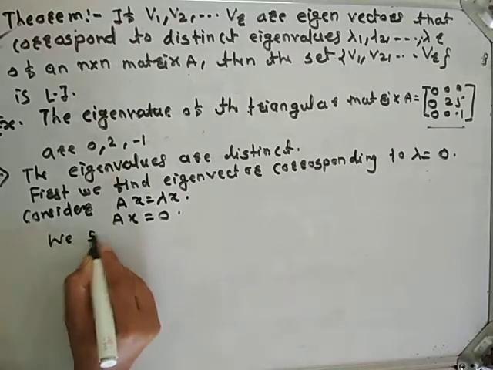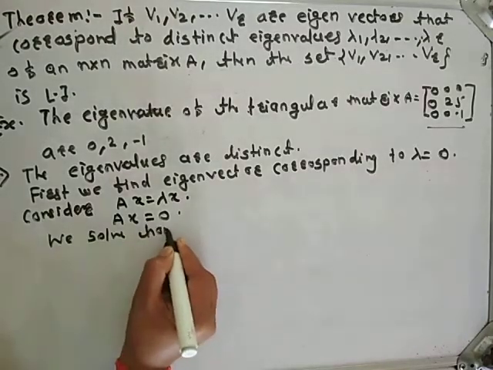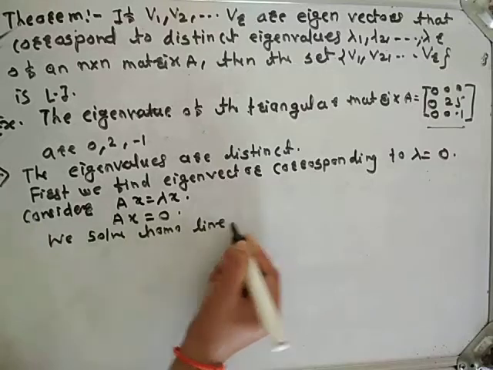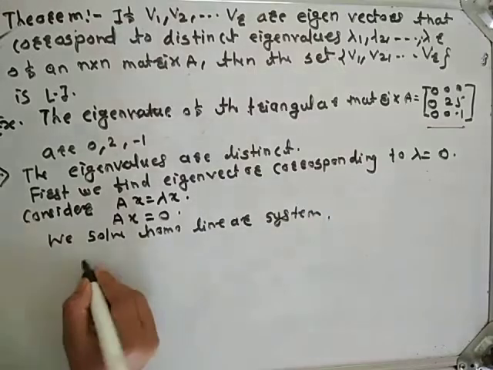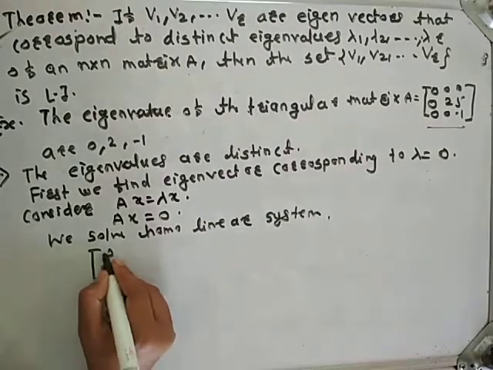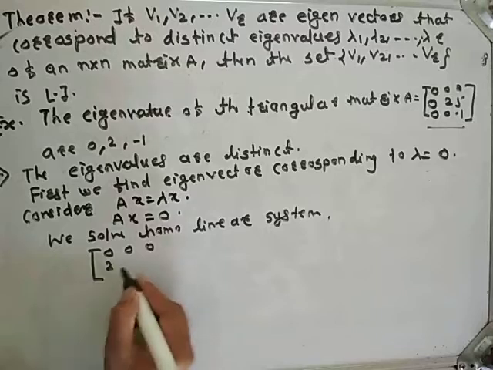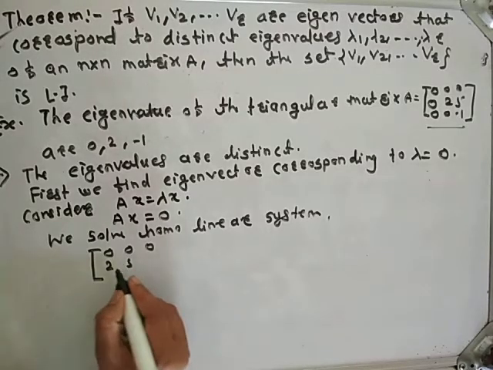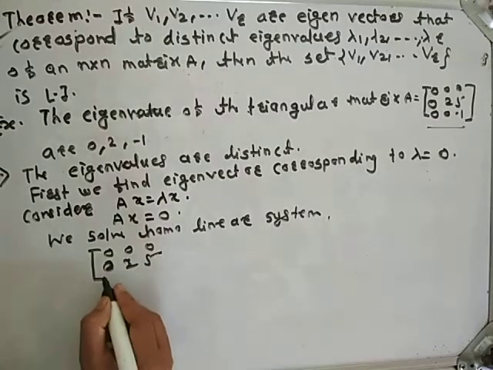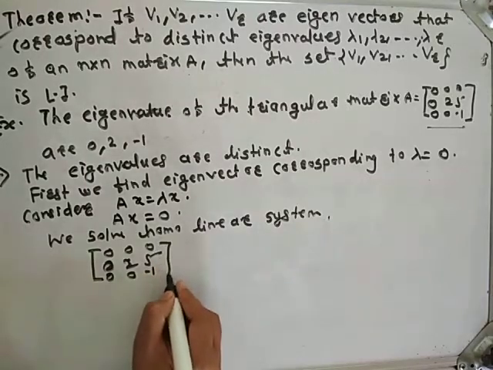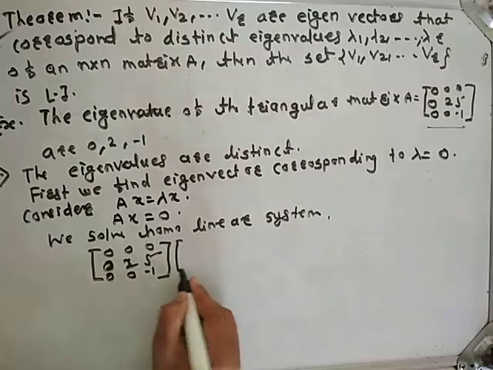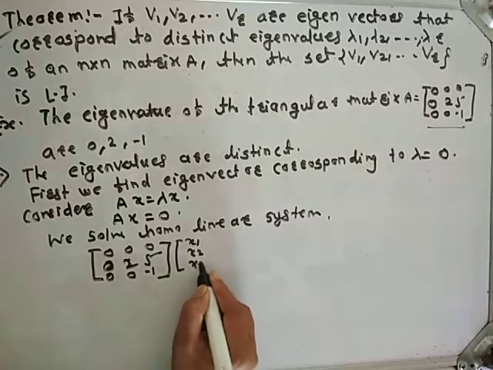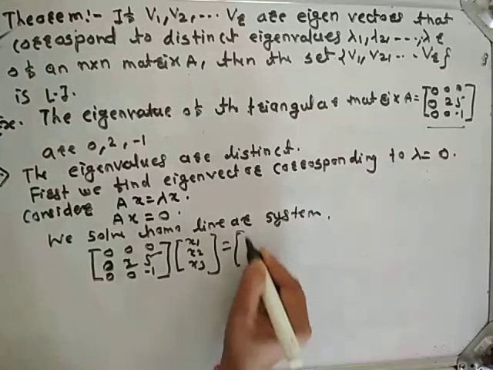We solve the homogeneous linear system. Here matrix A is 0, 0, 0, 0, 2, 5, 0, 0, minus 1 times x1, x2, x3 equal to 0, 0, 0.